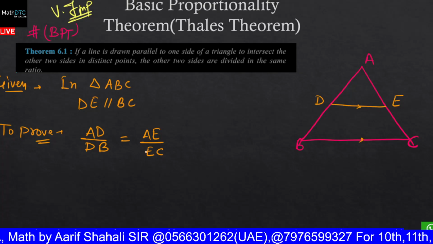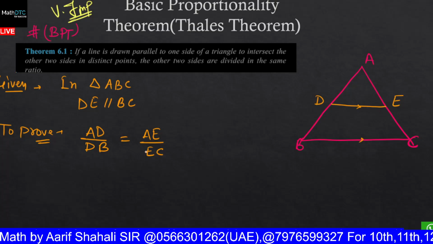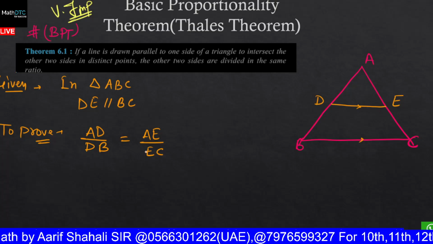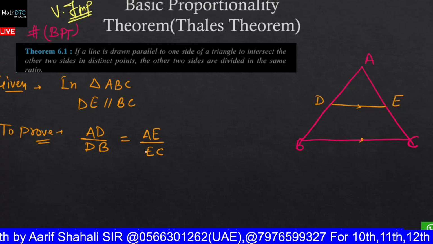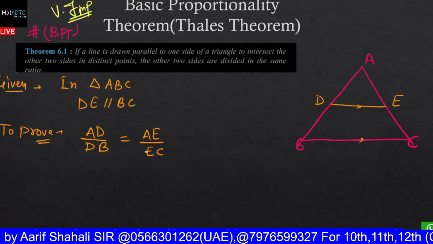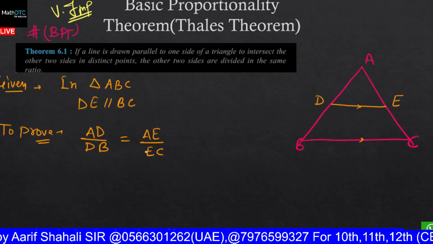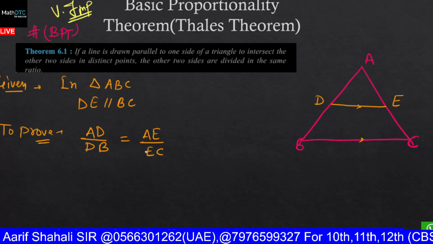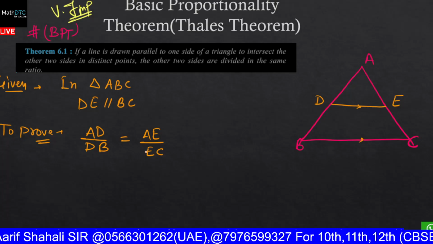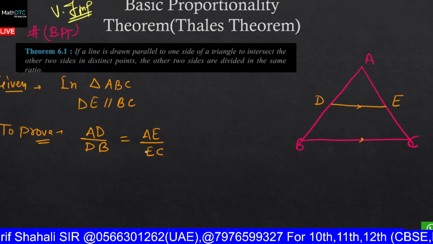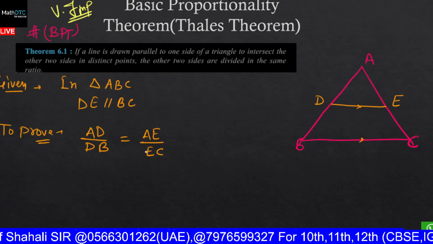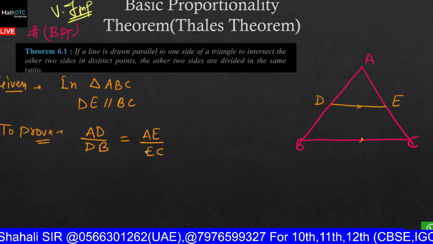So if a line is drawn parallel to BC, then that line divides the two sides in the same ratio. Right, but we need to prove this thing.